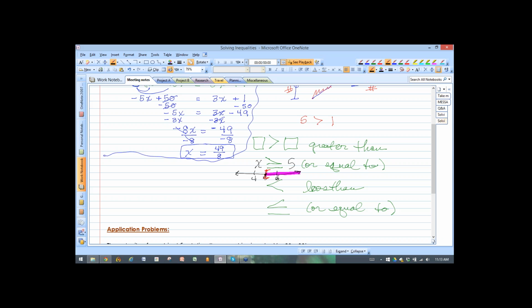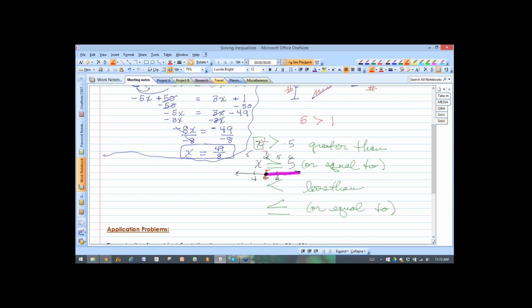In other books, you may also see a closed circle, a closed-in dot. If I had just x greater than 5, right above that, with 5 here, 4 here, and 6 here, we're still going to shade greater than 5.